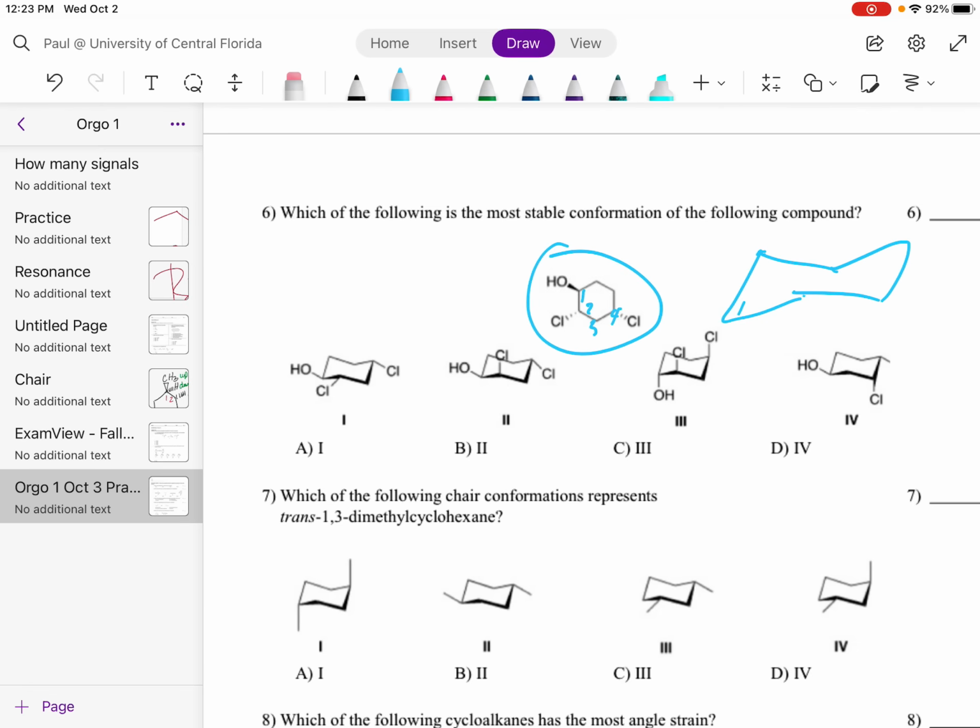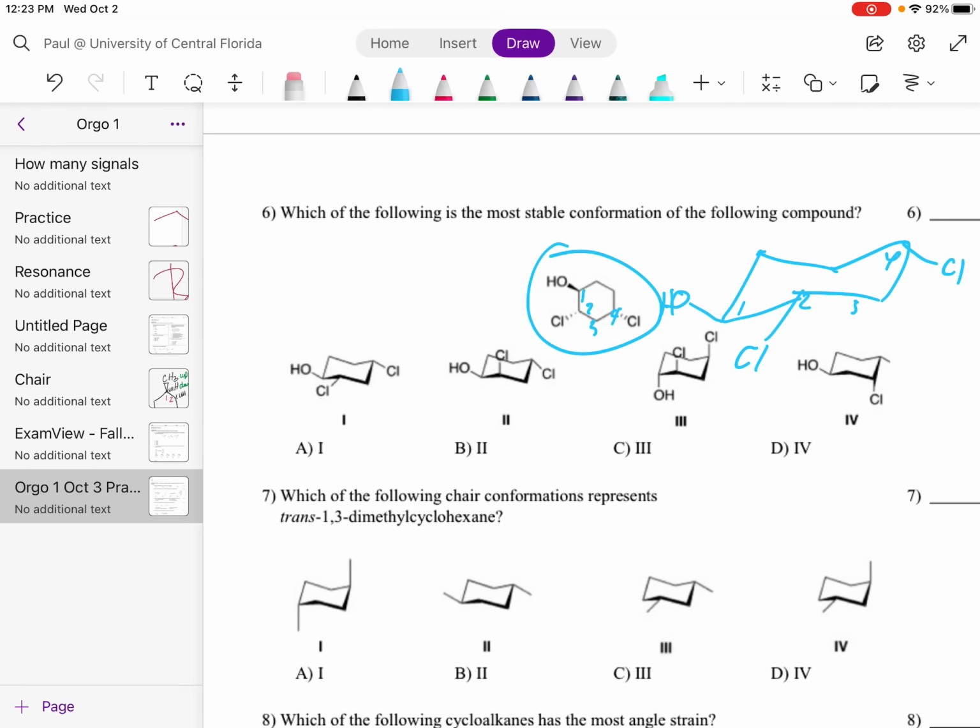So 1, 2, 3, and 4. I see we have an up OH. We have a down chlorine. So that's like this. And then 3, 4, and then a down chlorine like that.